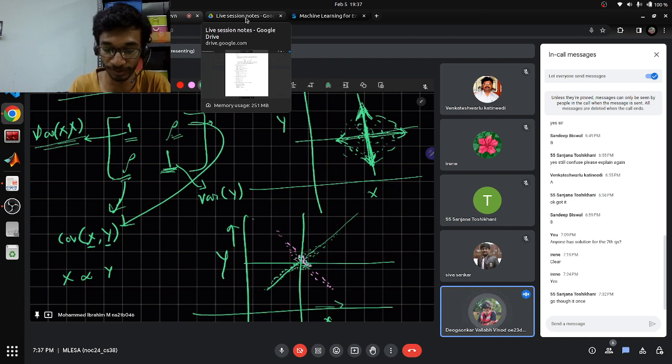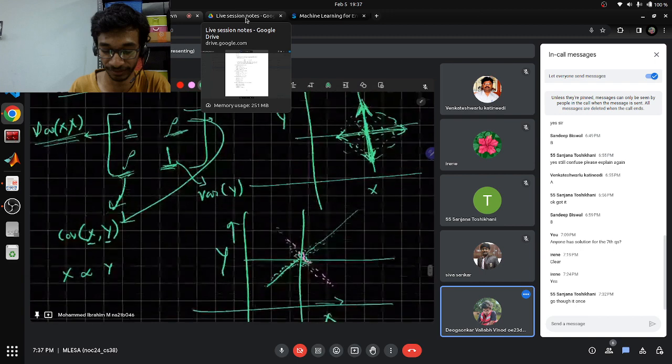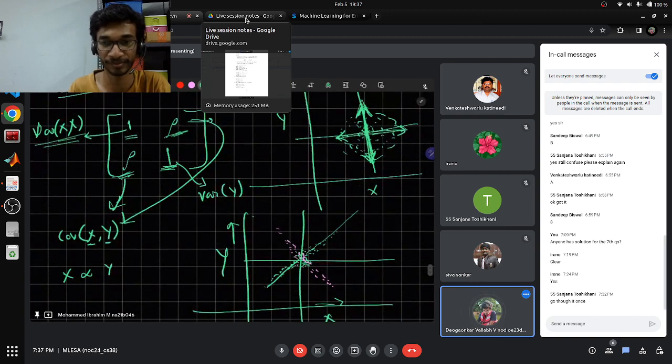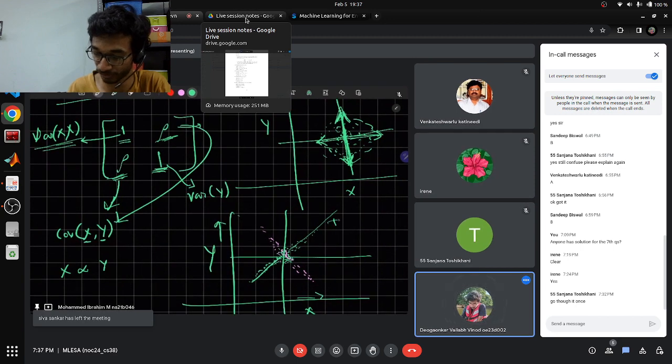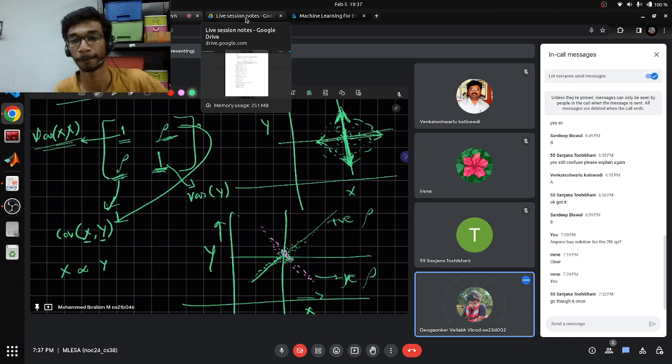And these two numbers, row, how x varies with respect to y and how y varies with respect to x, are going to be the same relation. That is why both are the same, and this denotes positive row and this denotes negative row.